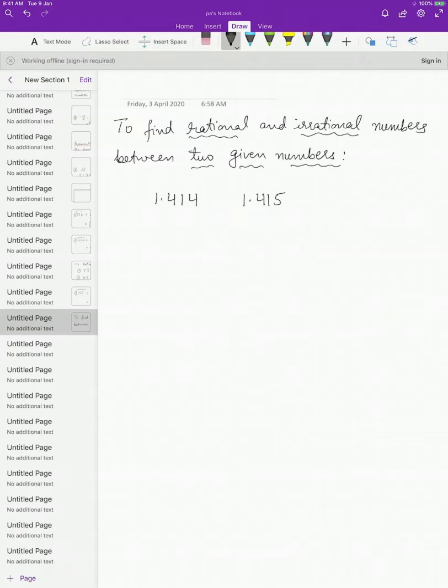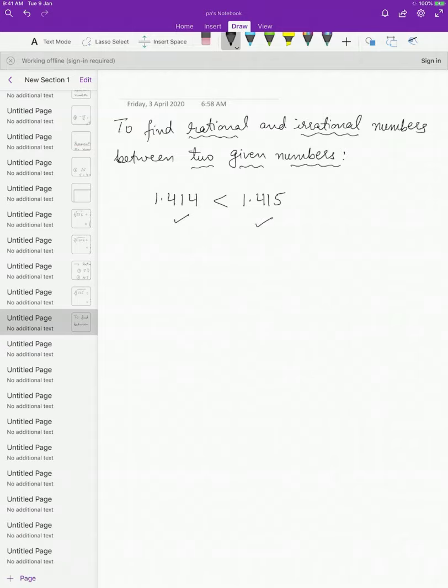So obviously 1.414 is smaller than 1.415. So definitely when I want to find a number between 1.414 and 1.415, that number must be greater than 1.414 and it must be smaller than 1.415. So what is the correct way of writing such numbers?